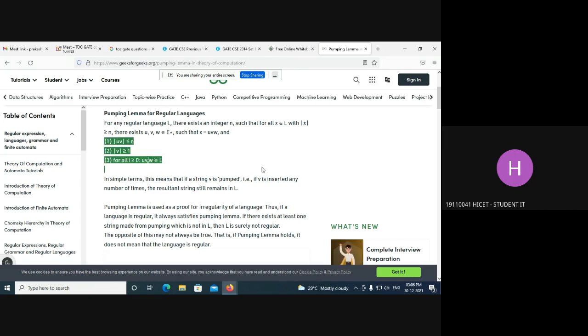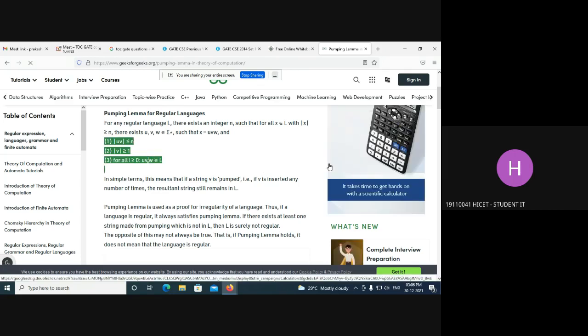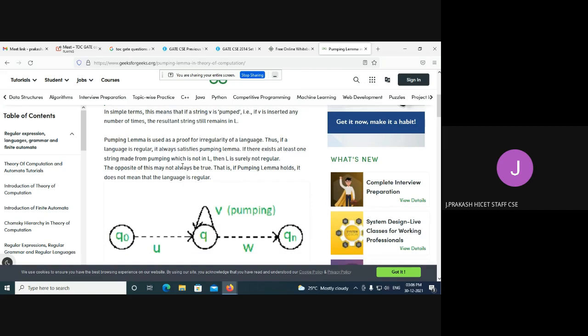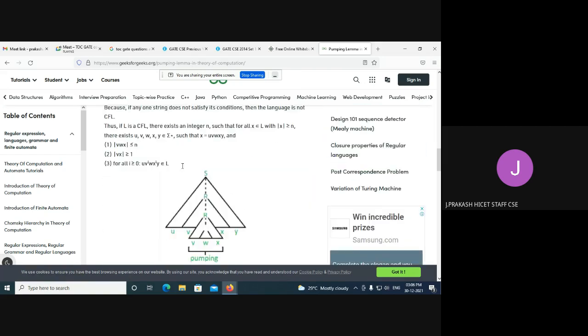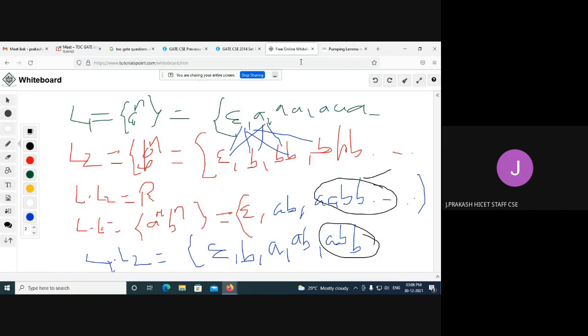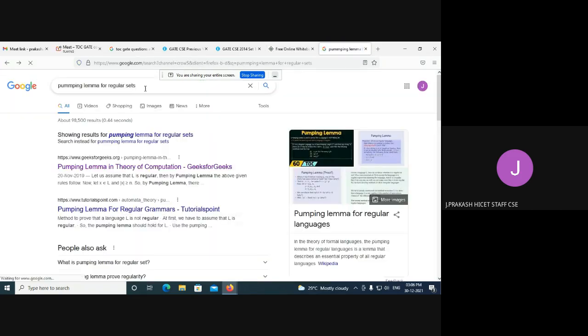If you have time, you can go through it and remember that. If it fails to satisfy the condition, then it is not regular. You can Google it, you can easily find it.